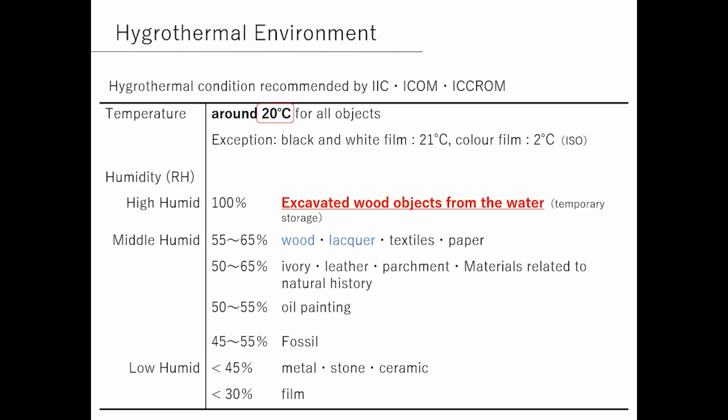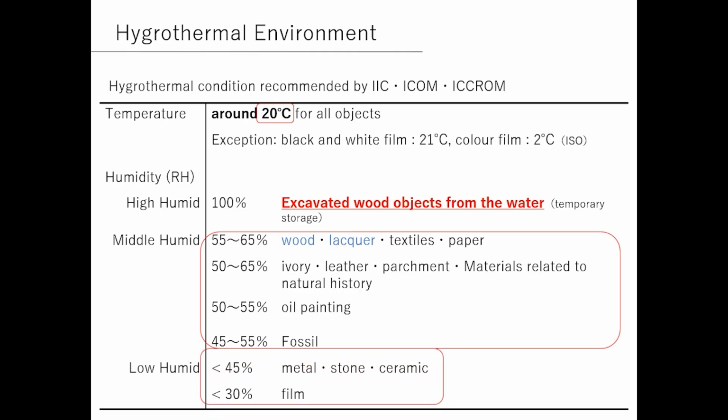On the other hand, the relative humidity varies greatly depending on the material. Also, materials such as wood, paper, ivory, and paintings need to be stored at moderate levels of relative humidity, and they have recommended lower and upper limits.